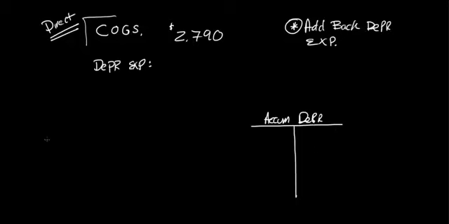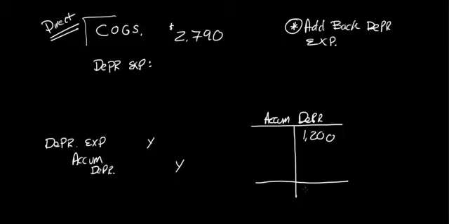Remember, the depreciation expense journal entry is depreciation expense debited for some number Y, and accumulated depreciation credited Y. If the beginning balance is $1,200, a credit balance, and the ending balance is $1,450, then that Y must be $250.